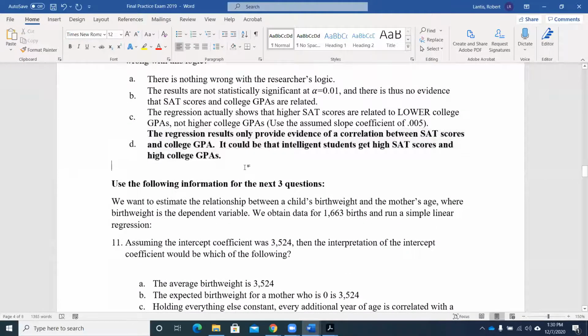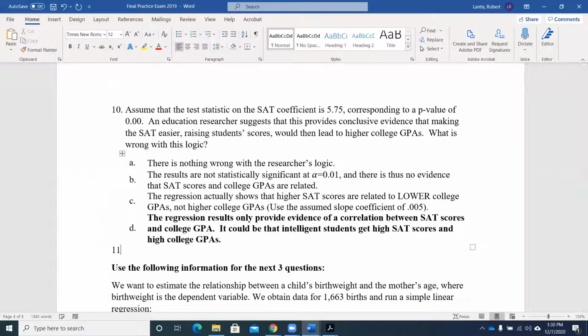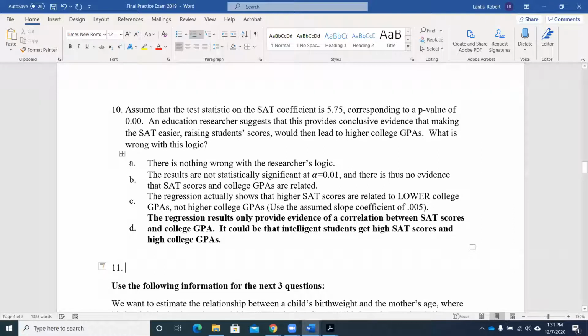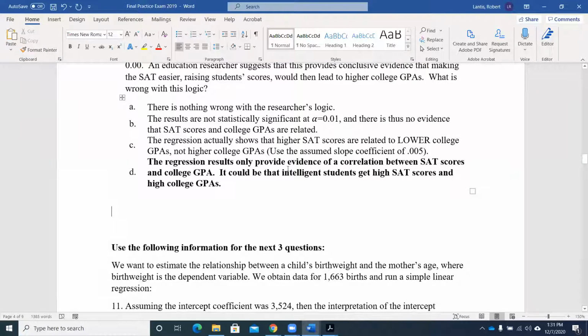I want to add in something. So one thing I might expect you to do on the exam, when I say might, that means likely that there will be a question related to this. Let's say, assume that we include the student's parental income, so what income their parents make.